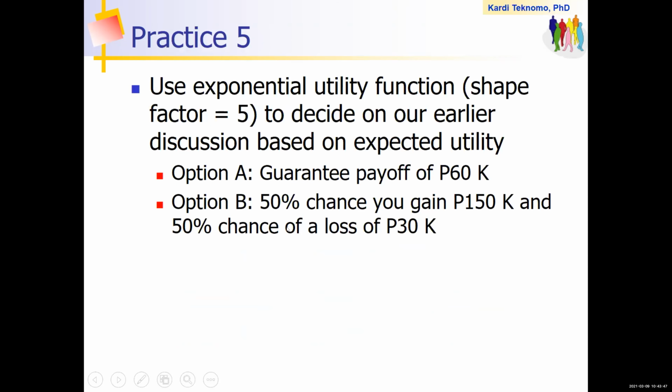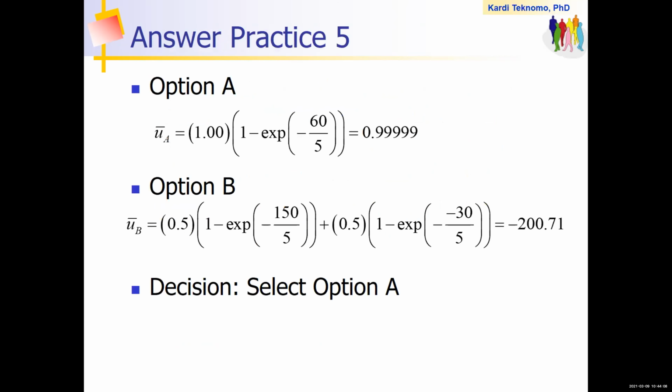Okay. Again, if you use an exponential utility function, say with shape factor, risk tolerance equal to 5, then you can also calculate, in this case, between shorting and gamble. Can you practice to calculate?